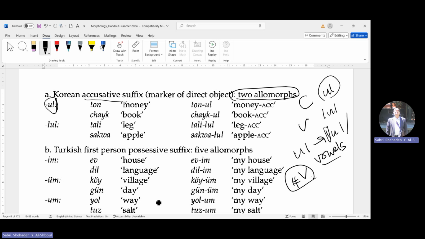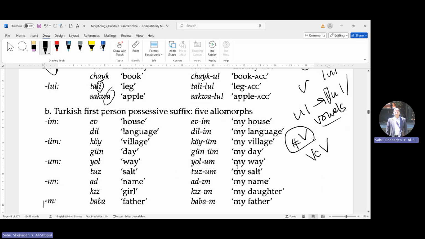So vowel hiatus is when we have two vowels, and these two vowels need to be broken by a consonant inserted between them for ease of production. So here we find that tali ends with i, sakwa ends with a vowel a. So we have here a change like this.